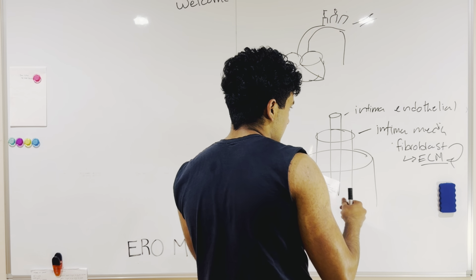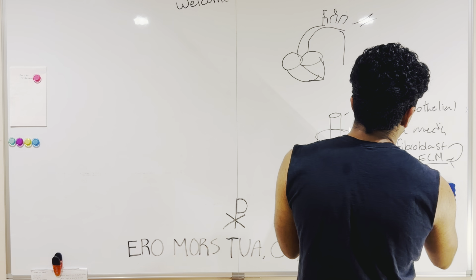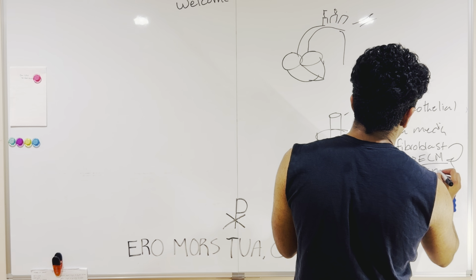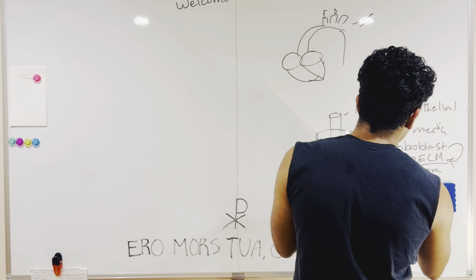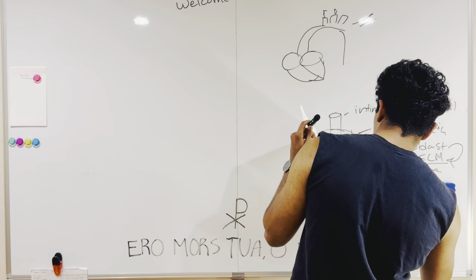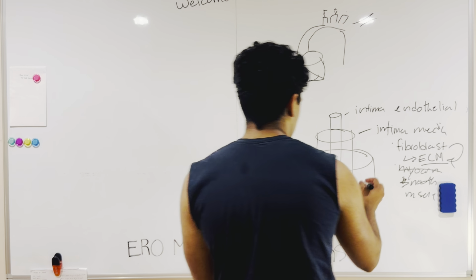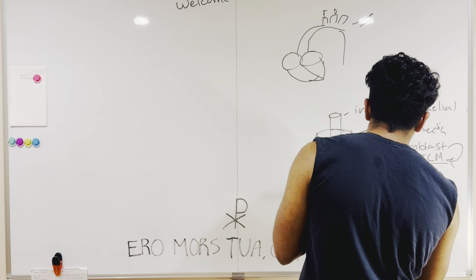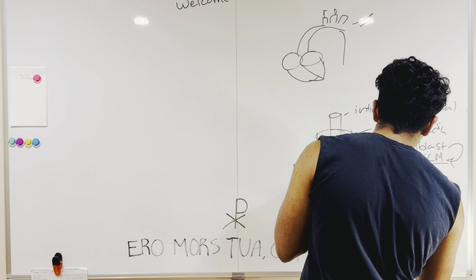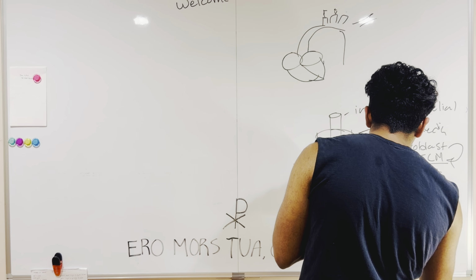And finally, the media is also the one with most of the smooth muscle. And then you have the adventitia. You might realize I do not know these names. You probably do not need to know any of these names by heart, but it's cool to know.